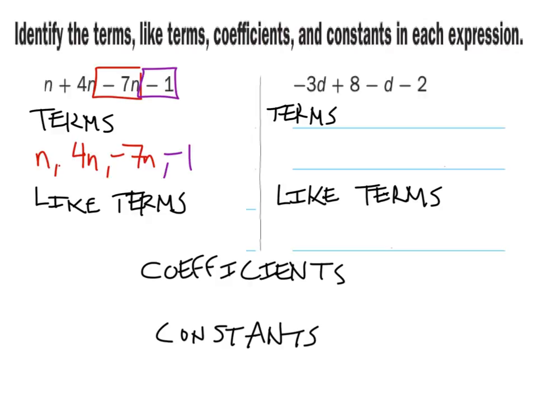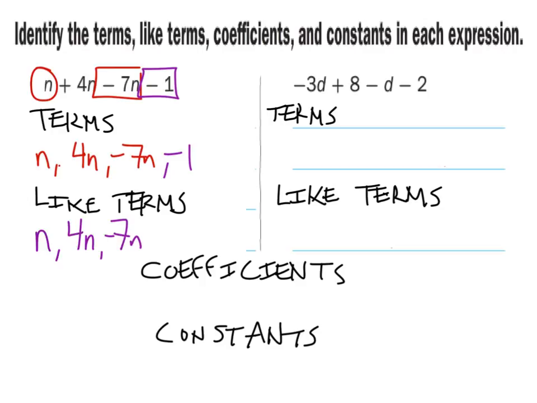The like terms, let's go ahead and take a look at these. First the n. Are there any other terms with n's? Yes, there is. We have n, a 4n, and a negative 7n. Some of you were looking at the terms list, which you may do as well. So these three are all like terms, okay?